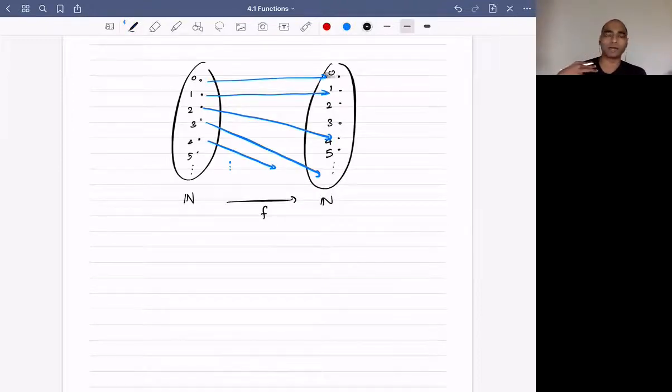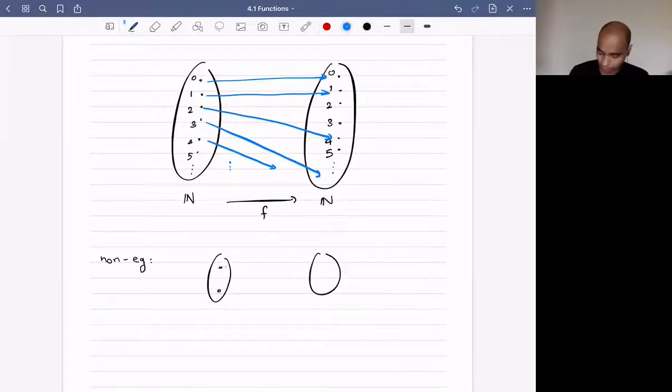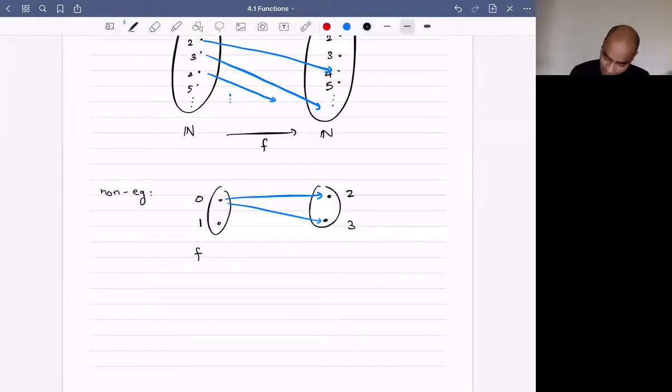Now let me give you a non-example of a function. So if I were to draw something like this, then this would not be a valid example. So let me just take 0, 1, and let me take these as 2, 3. f is a function from the set 0, 1 to the set 2, 3.